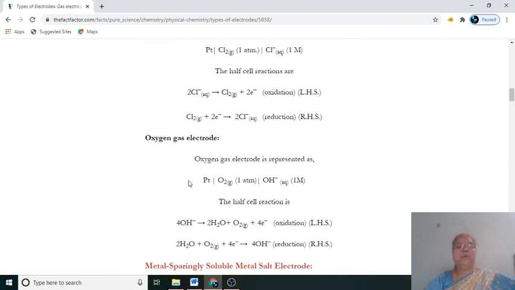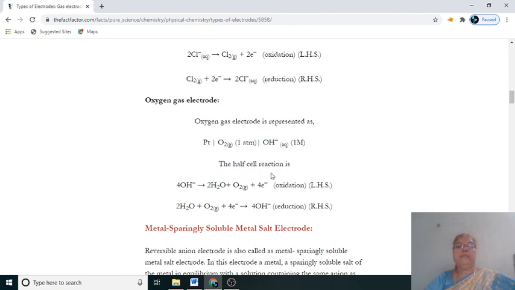And then we will see the oxygen gas electrode. Here the oxygen gas electrode is represented as Pt, oblique line, O2 gas at 1 atmospheric pressure, and it is in contact with a solution containing OH minus ions, and the concentration of OH minus ions is again unity, or 1 molar.